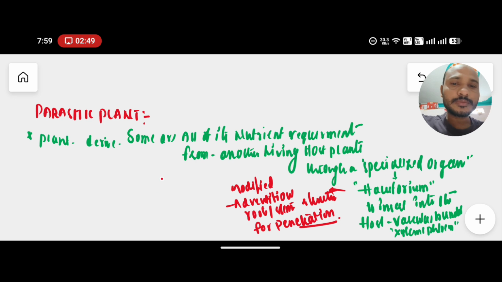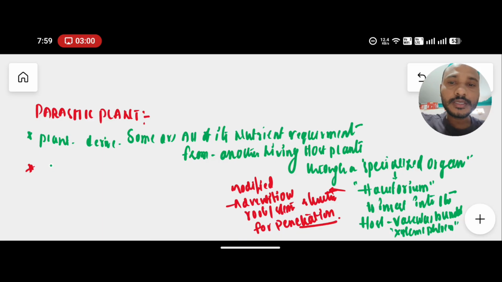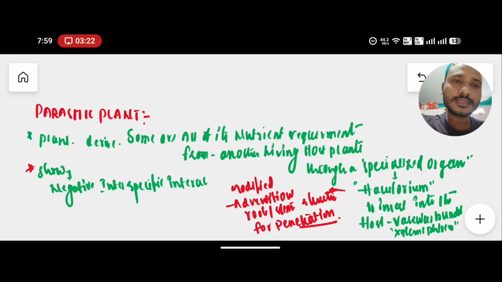And coming to one more important point about parasitic plants: generally, these parasitic plants show negative interspecific interaction, and this negative interspecific interaction is called parasitism.